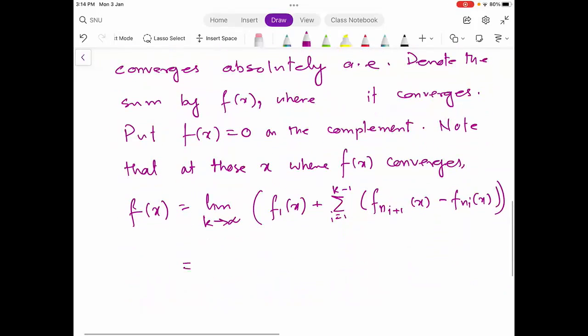But isn't that just f_{n_k}(x)? Because only the last term survives. It's a telescopic sum. Limit.